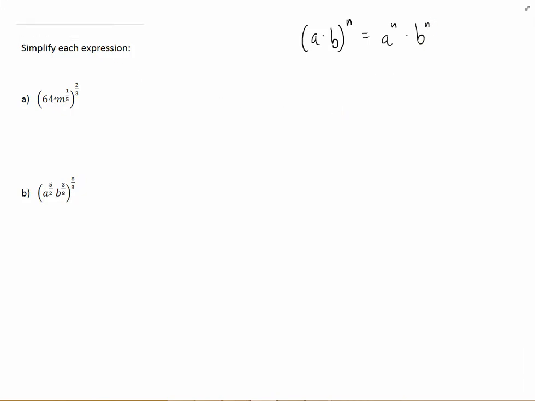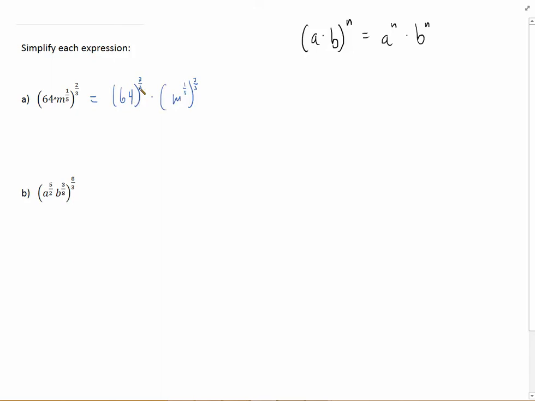So here, for exercise A, I have 64m to the 1/5 all raised to the 2/3. That's the same as 64 to the 2/3 power times m to the 1/5 to the 2/3 power.